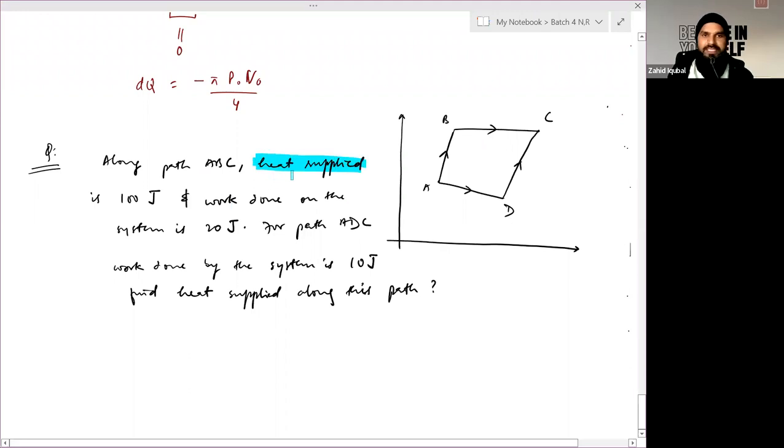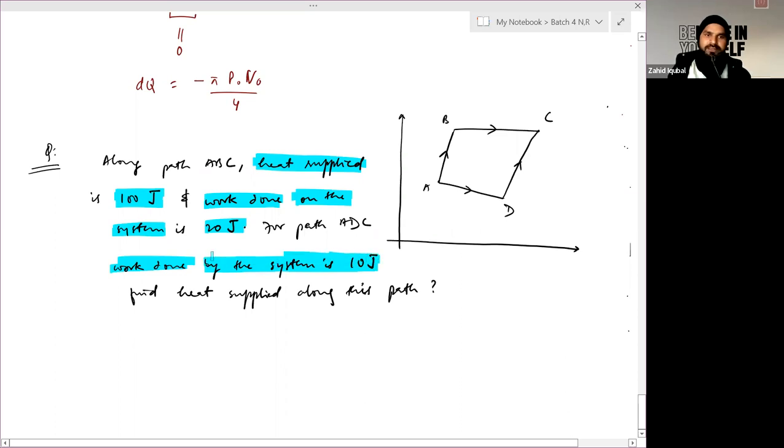First, we have heat supplied to the system, 100 joule, and work done on the system is 20 joule. For the second part, work done by the system is 10 joule. So we have to calculate the required part.